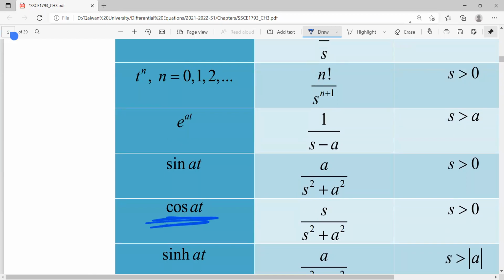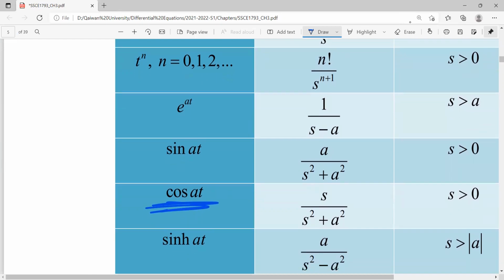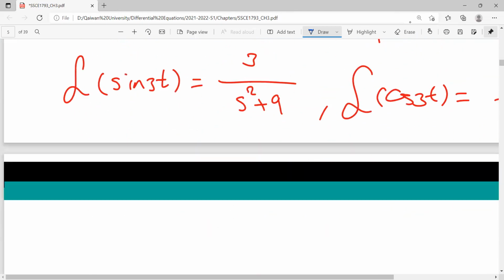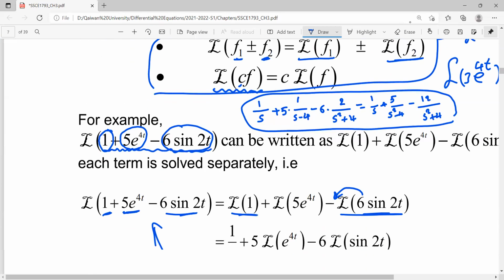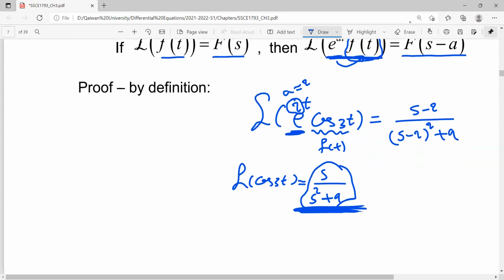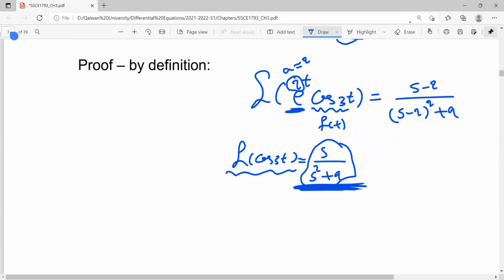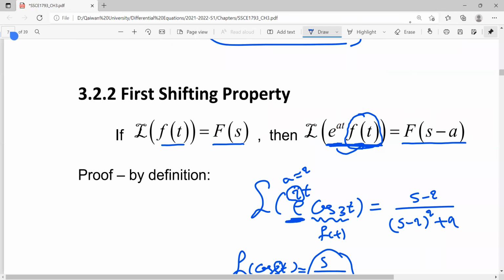But look, for this function the value is 3, since we have cosine 3t, and the Laplace of cosine 3t is that one. But here we are going to take the coefficient of the exponent of e to be a.